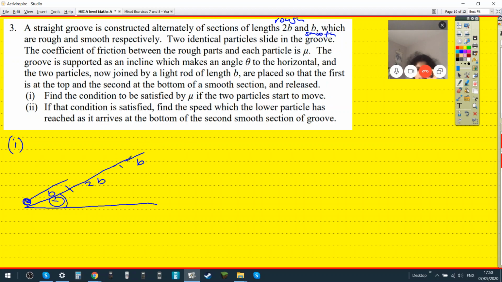Shouldn't it be on the other b because one's at the top? Find the condition to be satisfied by mu. Wouldn't it be mu is less than F over R if they're moving?